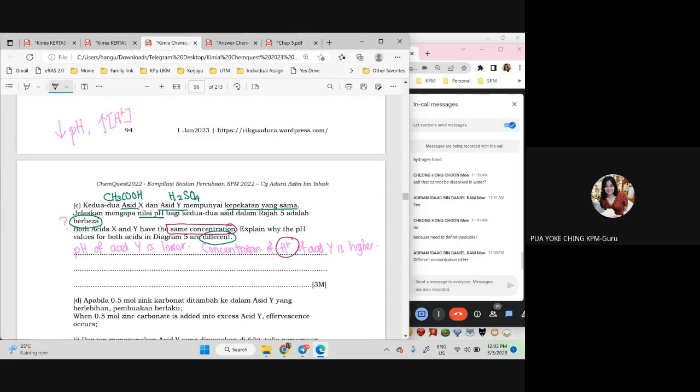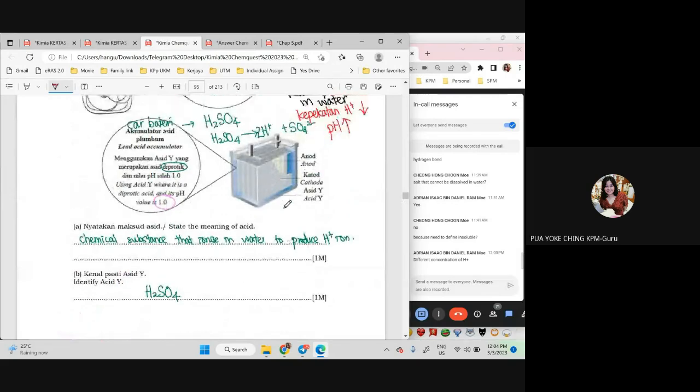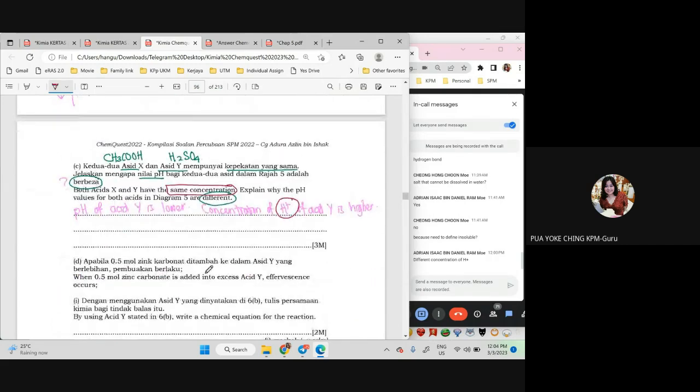This question is a bit confusing because you have two different concepts. So my question is, you need to write both or no need. What is my meaning of different concept? Because one is diprotic. Wait. I tulis bawah lah.